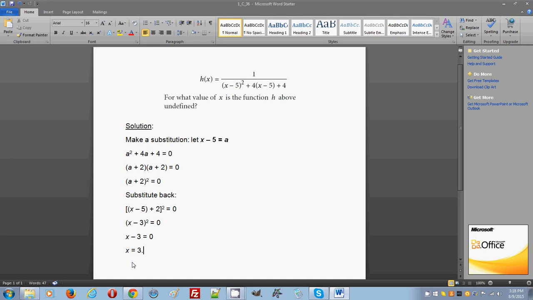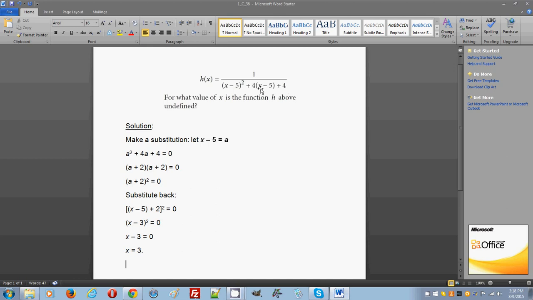So this problem is a typical algebra problem. So it says, for what value of x is the function h above undefined? Now you know that in order for this function to be defined, and since this function presents a fraction, a fraction is defined when the denominator is not equal to 0.